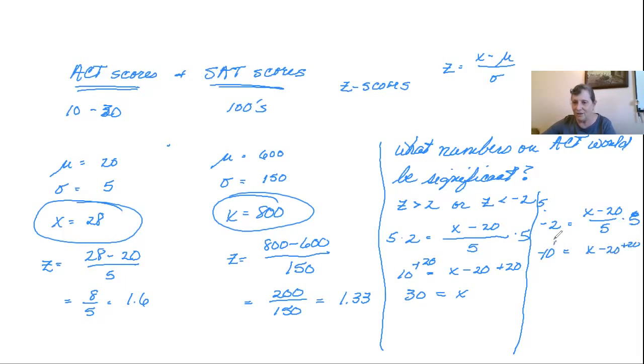Again, I'm going to add 20 to both sides. So that would be 10 equals x. So a 10 would be in the bottom 2.5%, and a 30 would be the cutoff for the top 2.5%. So the answer here is if x is greater than 30 or x is less than 10.